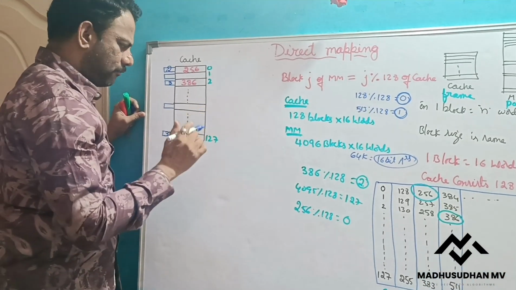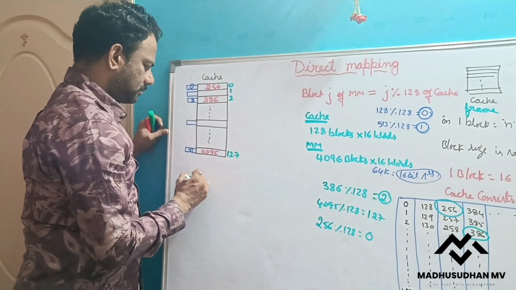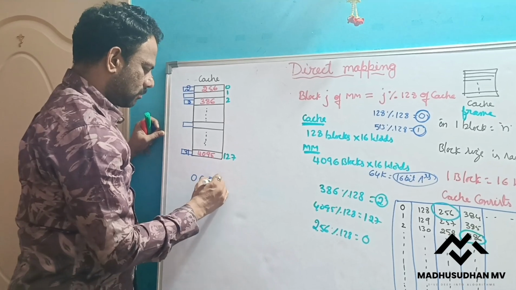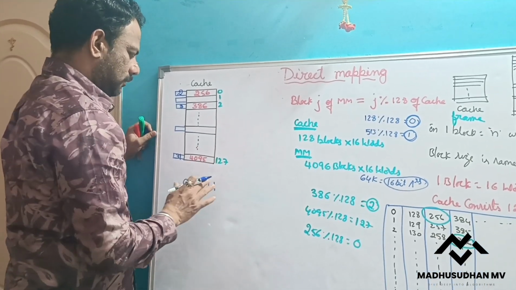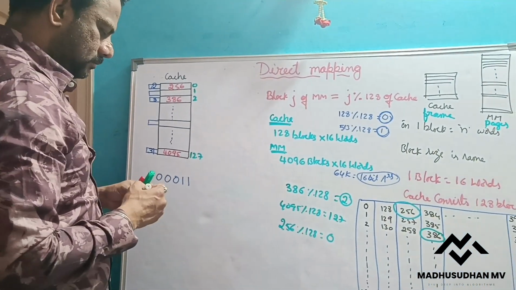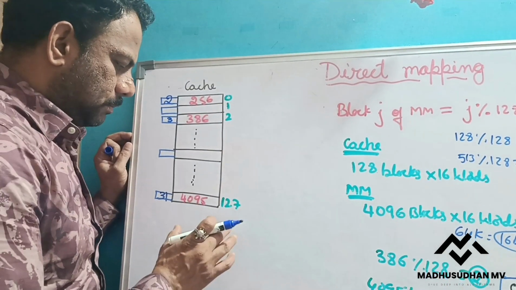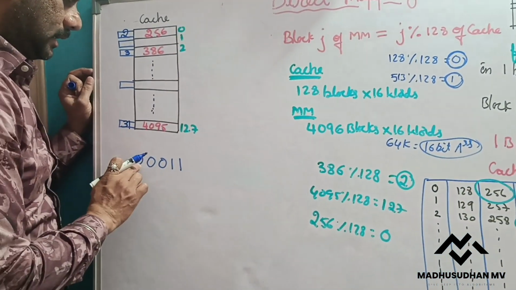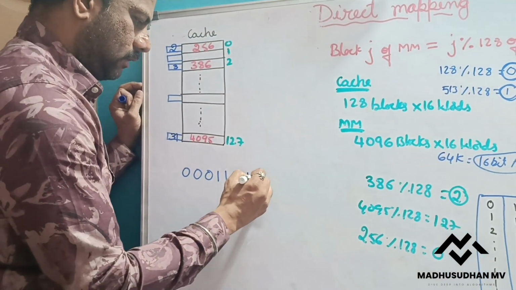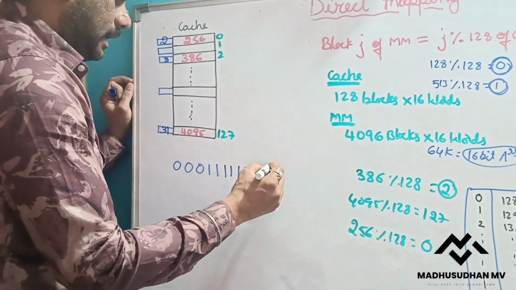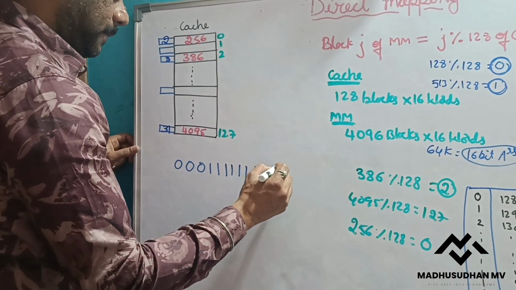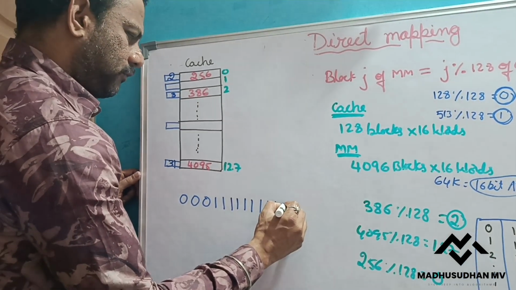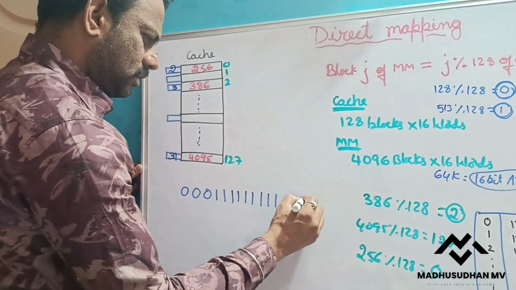Suppose our processor generates a 16-bit address, for example 0011 2 3 4 5 6 7, and then, say, 0101.